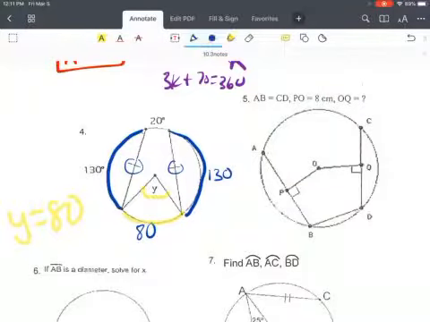Next one here, it says that AB is equal to CD. It also says that OP is 8. If the chords are each the same here, and we are perpendicular here, we're going to get the fact that these are each going to be 8 centimeters.